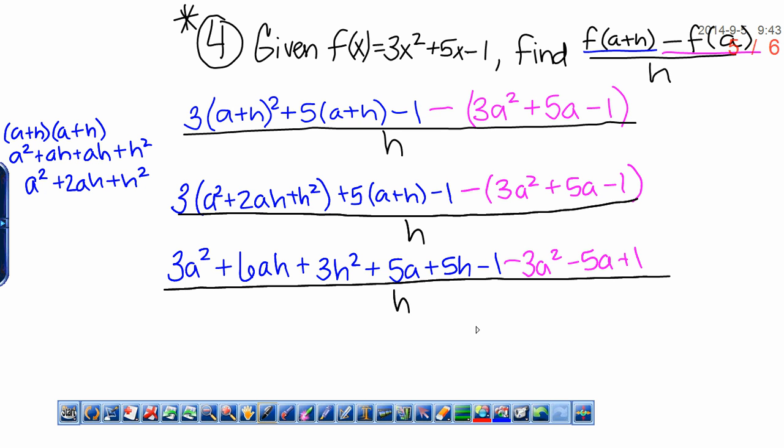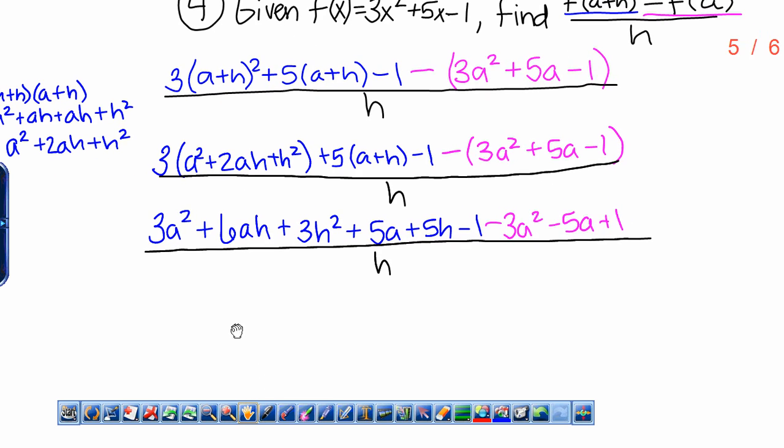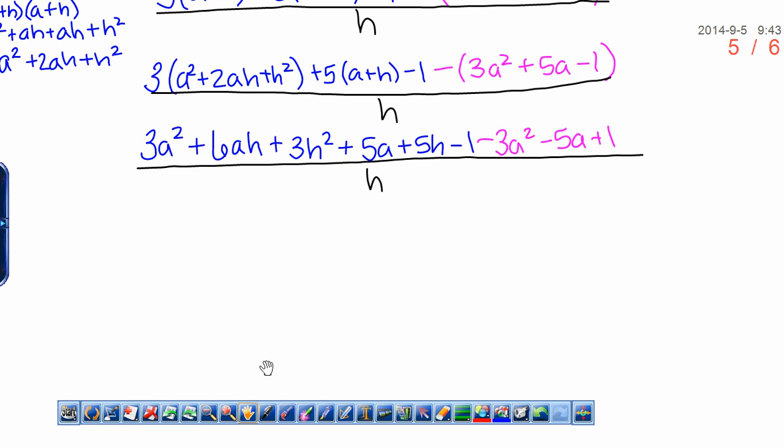Now comes the fun part. Look at that top row. Tell me some things you notice. They're not exactly alike, though they're opposite, right? Okay, we can cancel some stuff out. If you get to this point and you can't cancel stuff out, go back and try again. You should be able to cancel out everything that does not have an h.